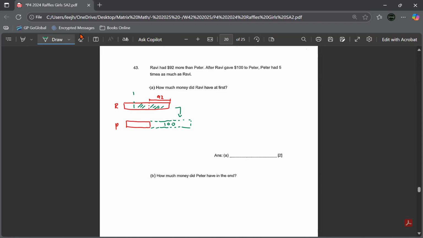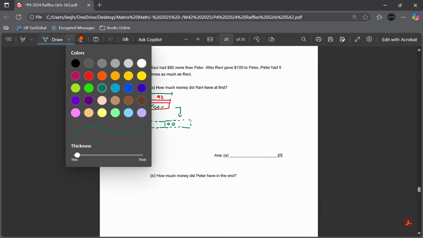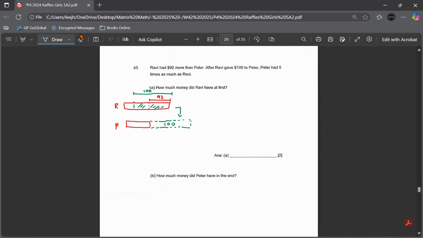Okay, if you cannot see, I'm going to write here, $100. After that, what happened? It says that Peter will have 5 times as much as Ravi. Peter holding 5 units. Ravi remain 1. So there is a difference of 4 units, I know, but I need to find out what is this extra value here.